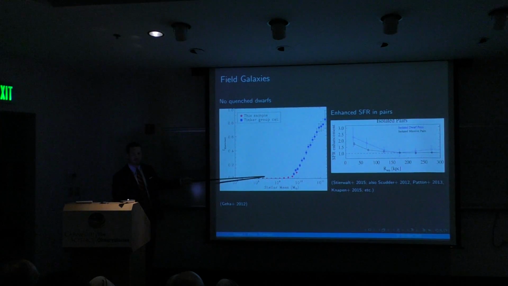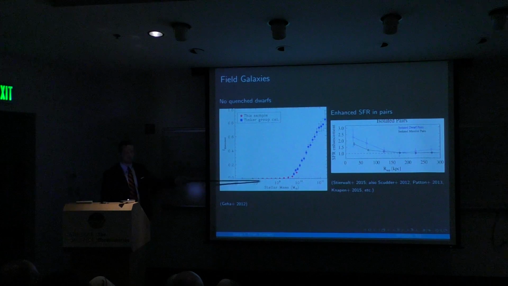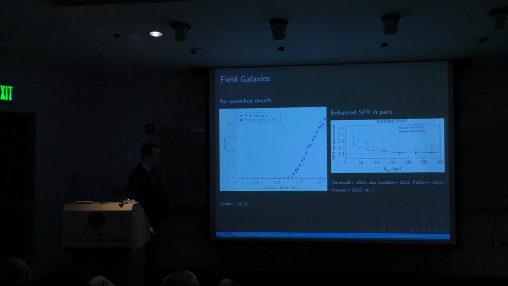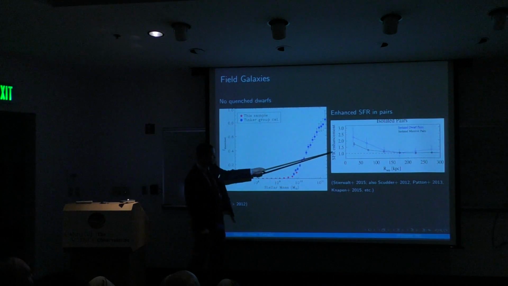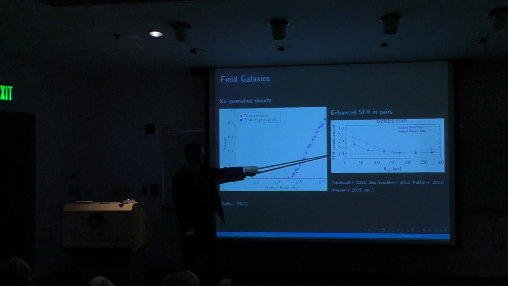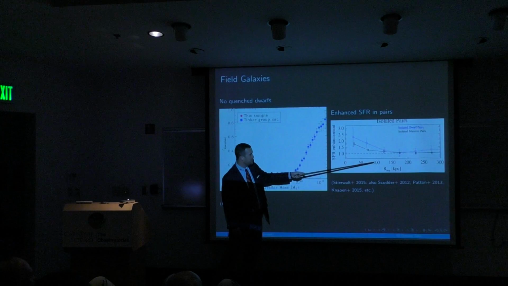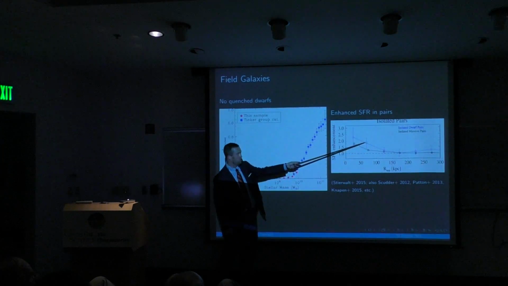Presumably some of these things are merging, so this suggests that the merging process doesn't result in quenched galaxies. We do, however, see enhanced star formation in pairs, and this is some work that Sabrina has done. This is the enhancement compared to control galaxies as a function of pair separation for massive galaxies and dwarf pairs.